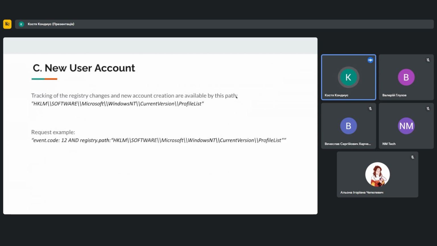So the next slide is related to new user accounts. Creating a new user account is a common technique used by attackers to establish persistence. SYSMON tracks registry changes, and when new accounts are created, they are added to the registry path on the screen.